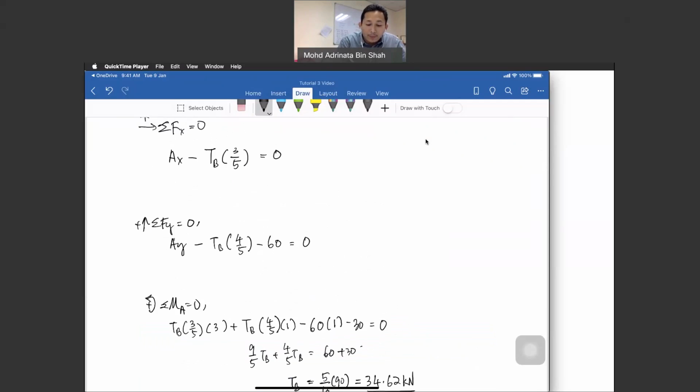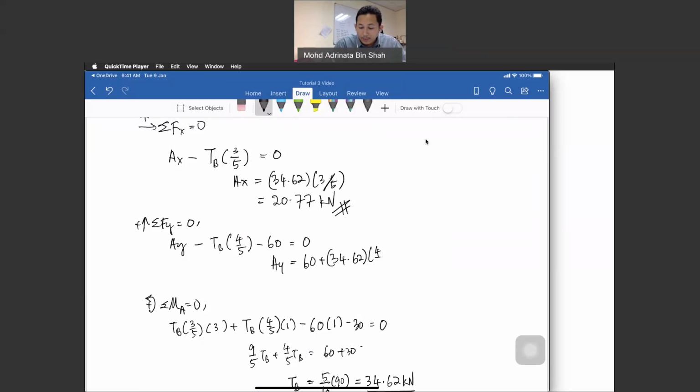So we have Ax equals to 34.62 times 3 over 5. Got our Ax is equals to 20.77 kilonewton. And Ay is equals to 60 plus 34.62 times 4 over 5.